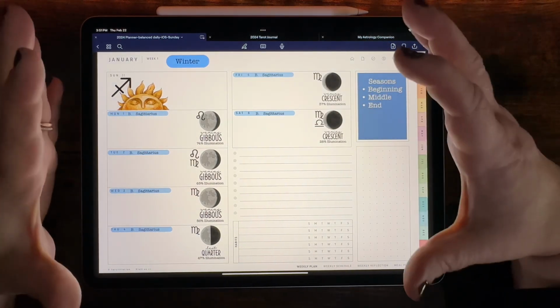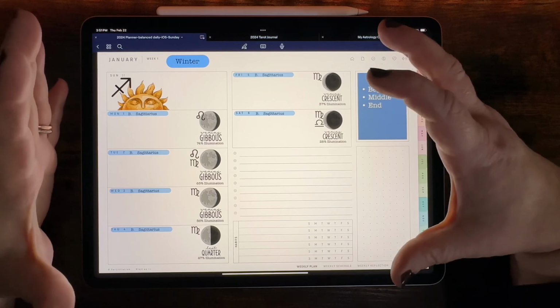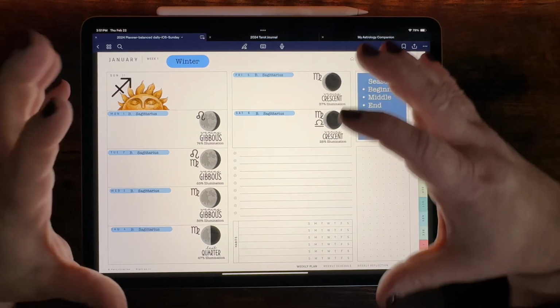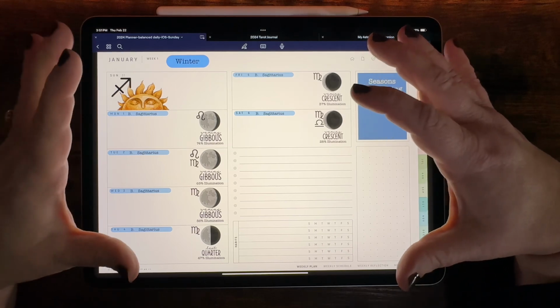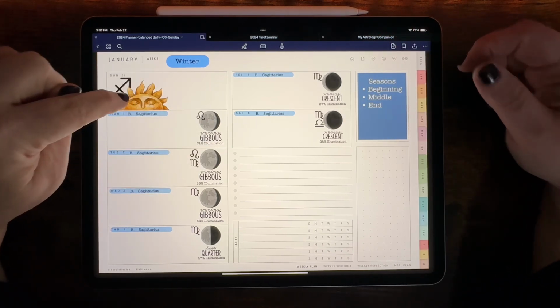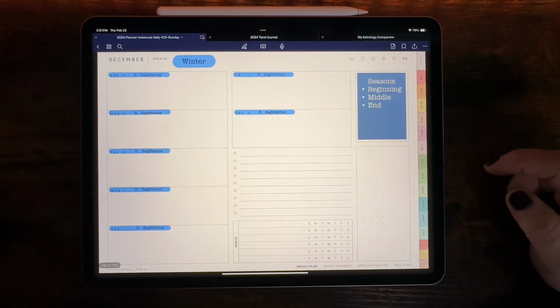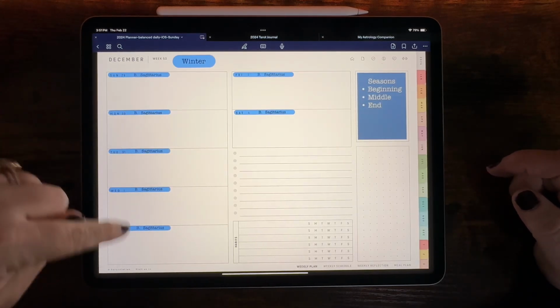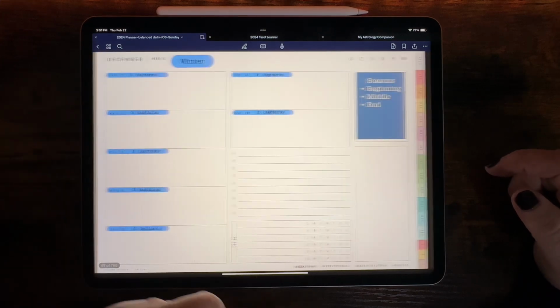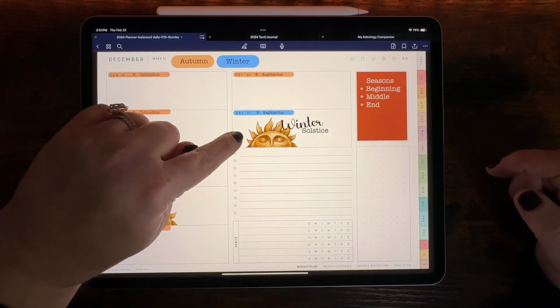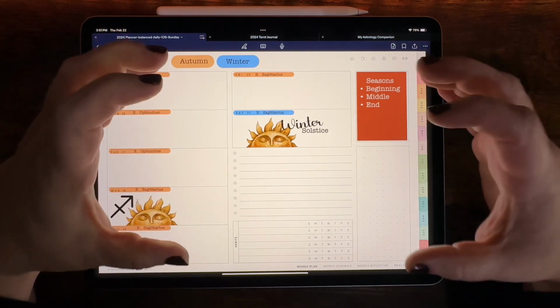So when we see what sign we're actually in, but see, the thing is, this is just the beginning of the year. If we go to December, we are in the beginning stages of Sagittarius with the winter solstice. The winter solstice is what starts winter, right?